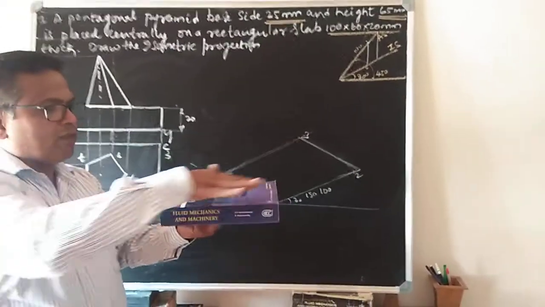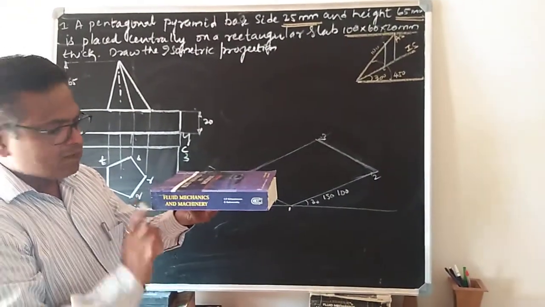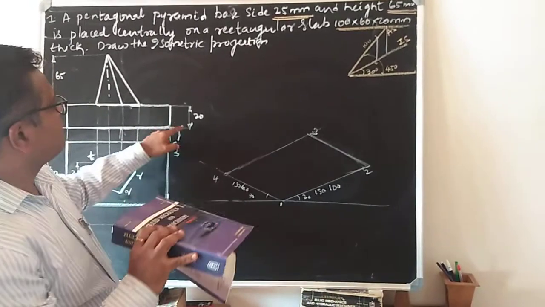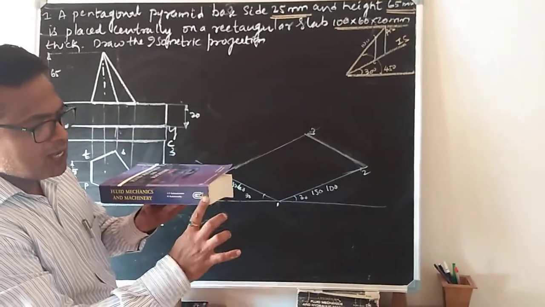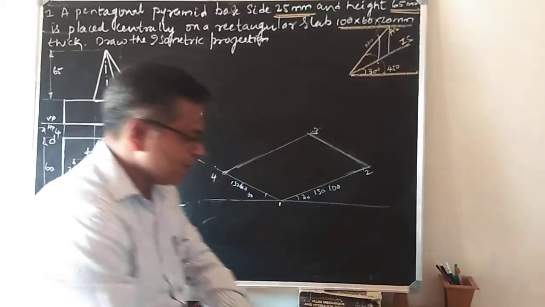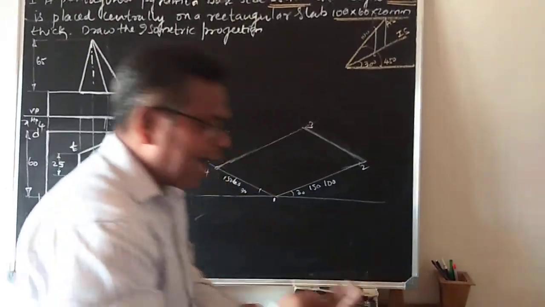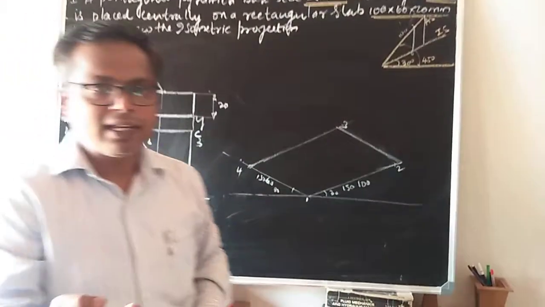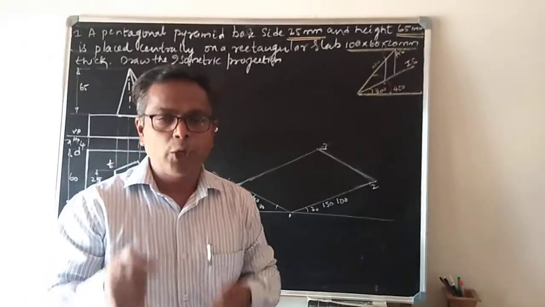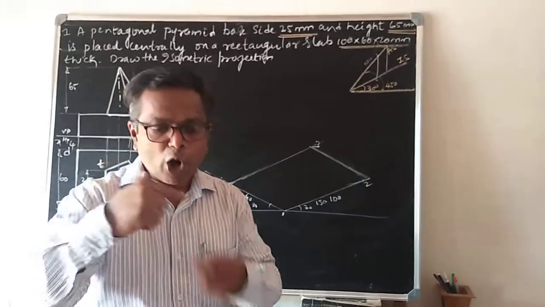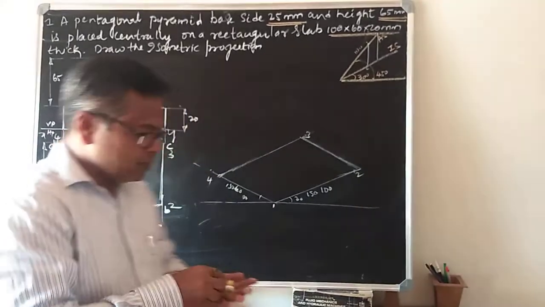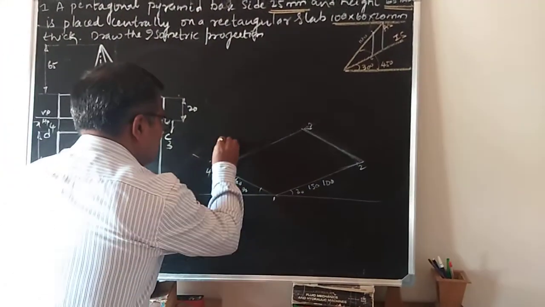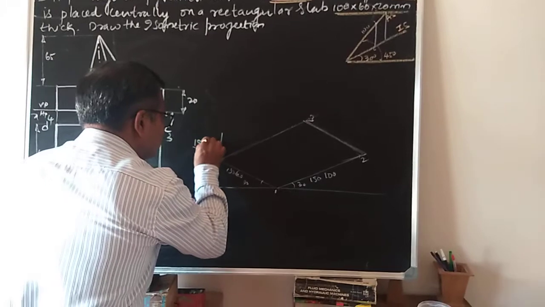Now to go to the top face, I should erect a height of thickness 20 mm from each corner. Please remember, as in the case of prism, cylinder or cube, you have to erect the height not from the center but from each corner. So from 4 erect a height of iso length of 20 mm.